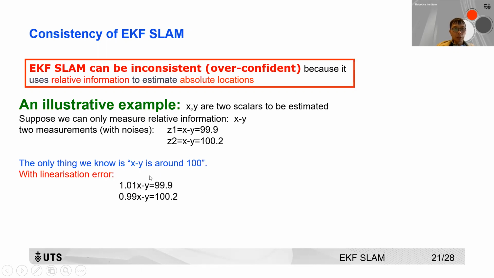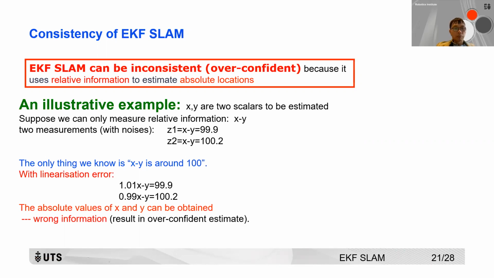If we have these two equations, then it's possible to obtain the absolute values of X and Y. And this is wrong information.